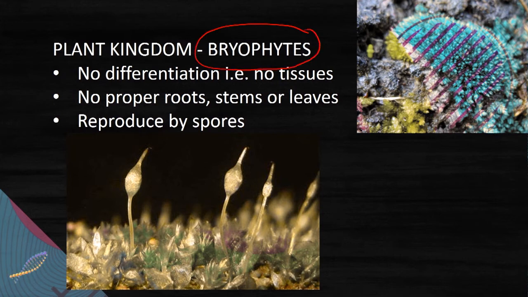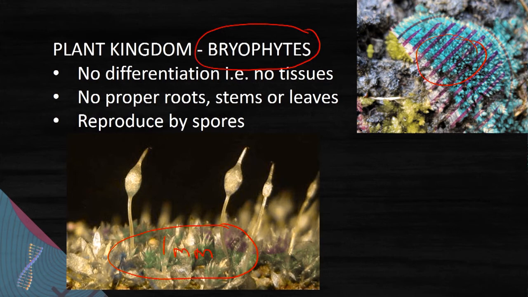Bryophytes. And these are the teensy-weensy little mosses that you find growing in damp corners on a rock. If you look at them under the microscope, you can see this is a microscopic view, and that would only be about 1 millimeter in size.